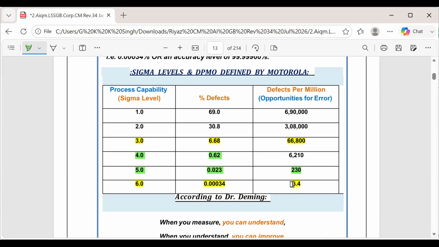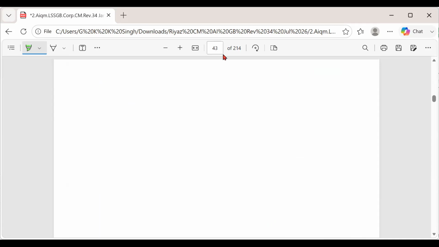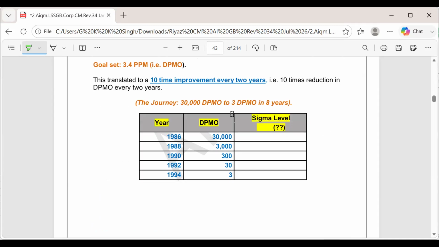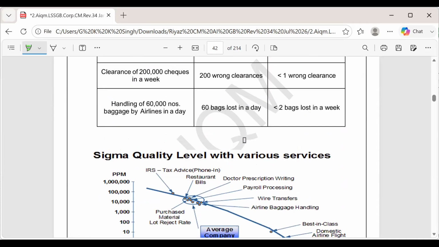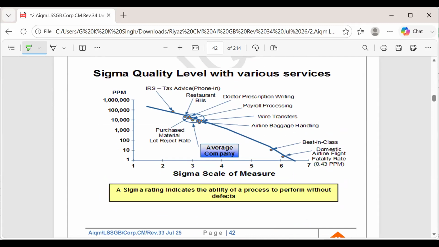Yesterday I also showed you one graph on page 42, where I showed you that an average company, if they are not following 6 sigma, will be somewhere between say 2.7 to 3.5 sigma.